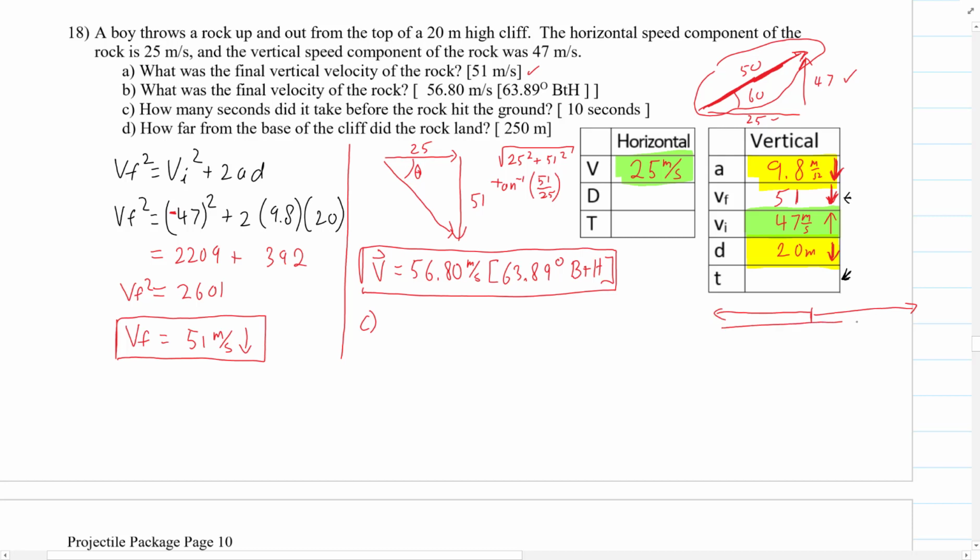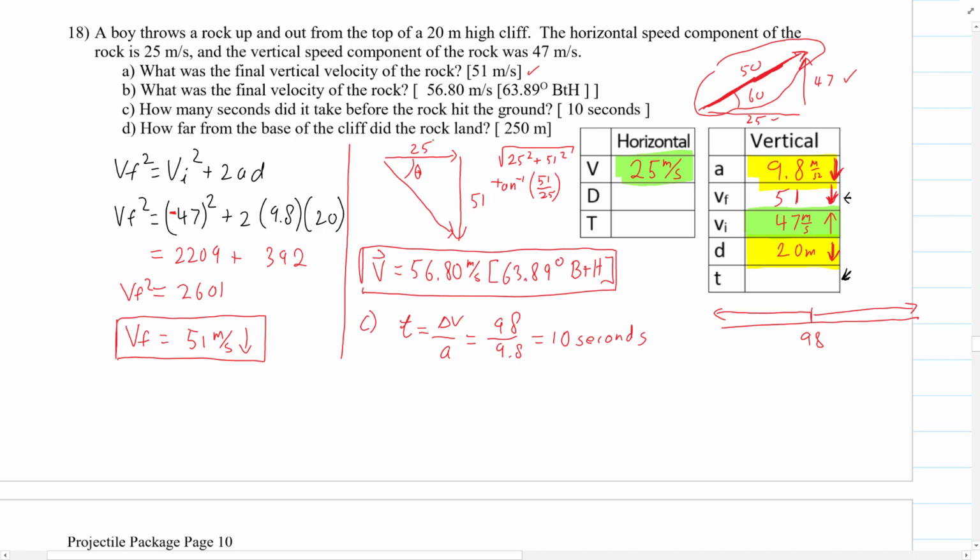That's going to be 98. So the time is the change in velocity over the acceleration, and that's going to be 98 all over 9.8, which is equal to 10 seconds.